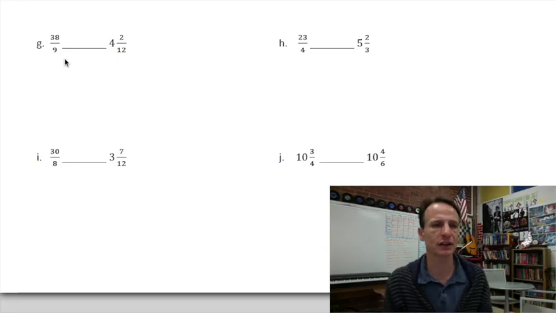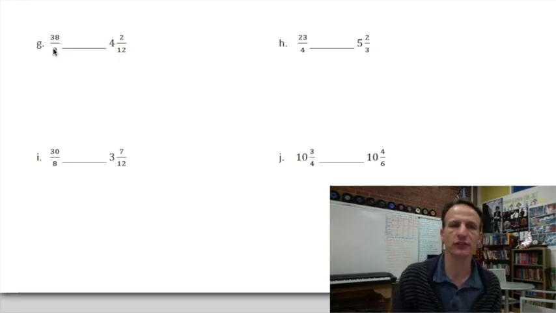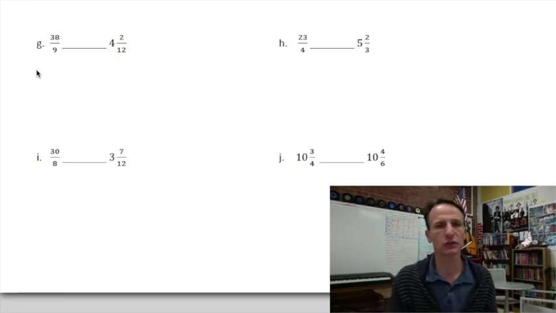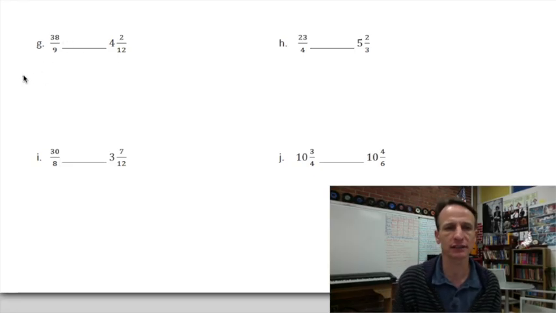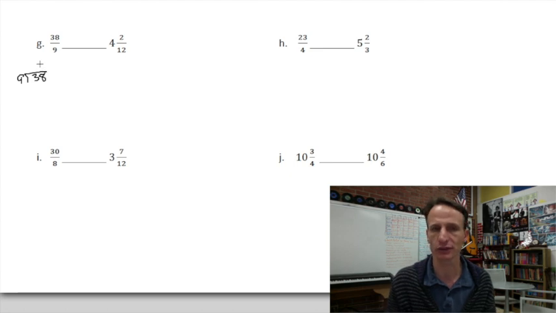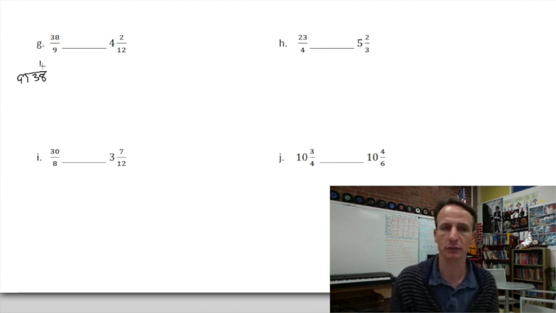So, all right, let's start here. I like to approach this using the idea that fractions express division, and do 38 divided by 9. So let's actually write that out, and that'll give us a sense of this number. So 9 times what is close to 38 without going over? 9 times 4 is 36.